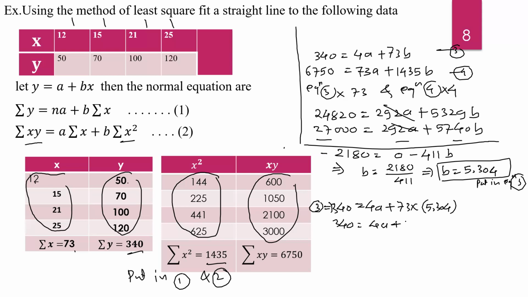387.192. Now put this term on the other side and divide by 4. So a is equal to 340 minus 387.192, divided by 4.